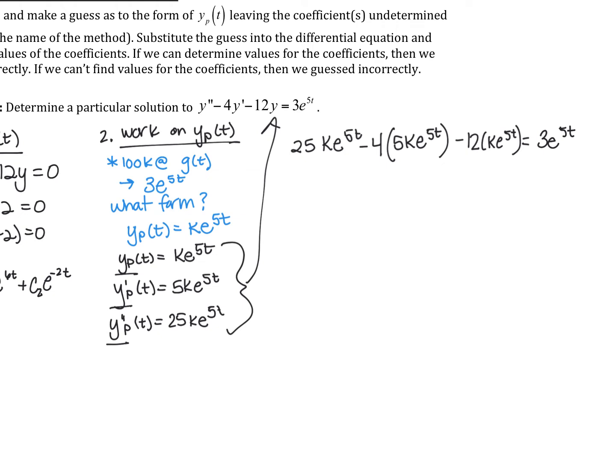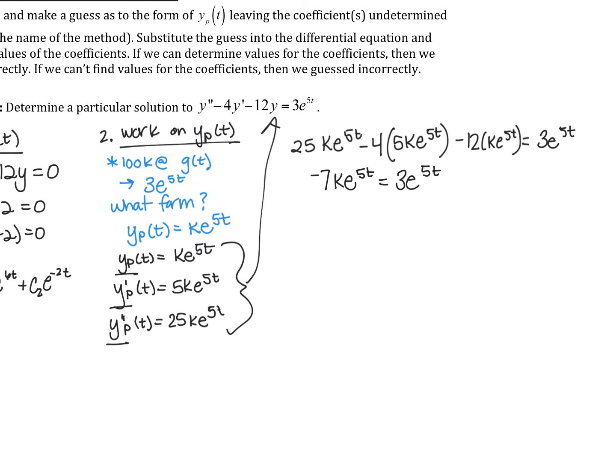Will I be able to solve for k? Yeah. So we've got 25k e to the 5t minus 20k, so that's 5, minus 12. So negative 7k e to the 5t equals 3e to the 5t.